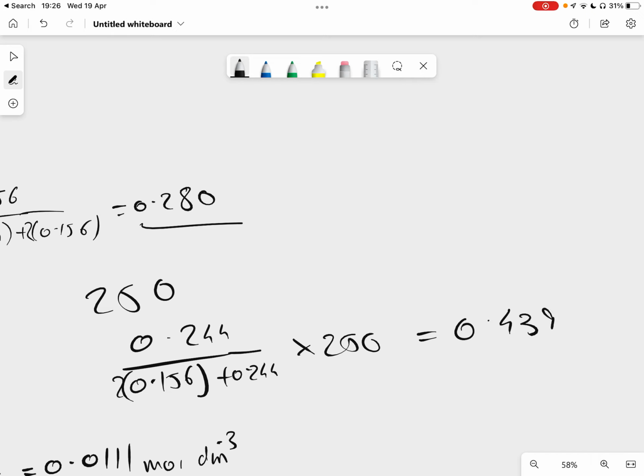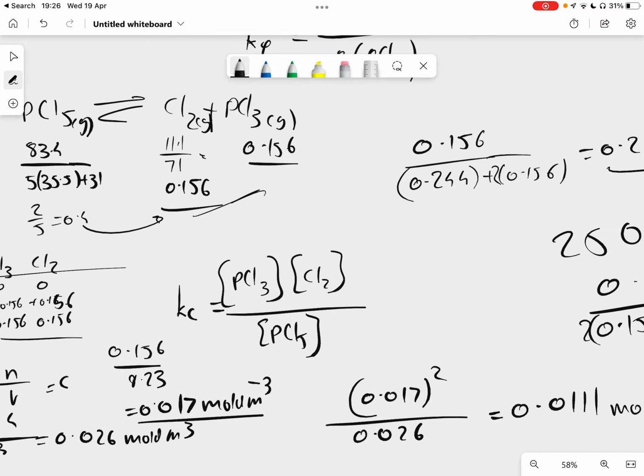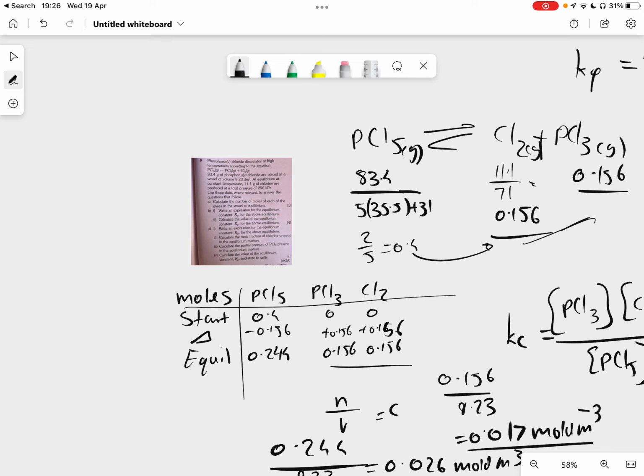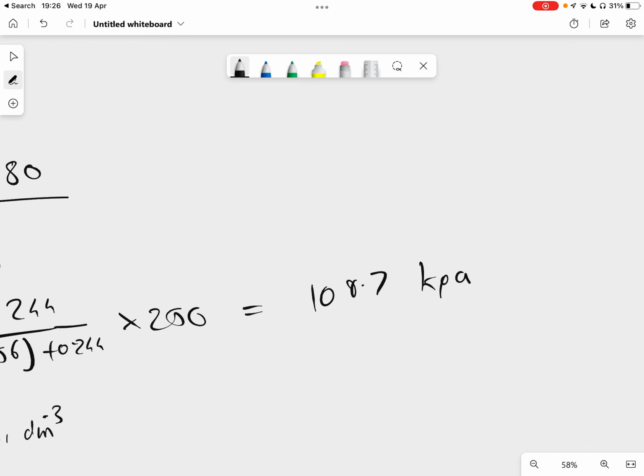Oh no, I haven't multiplied it. Times it by the 250 gives us a partial pressure of 109.7, and we are in kilopascals, kPa.